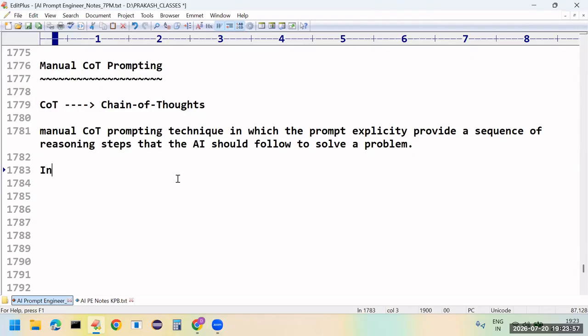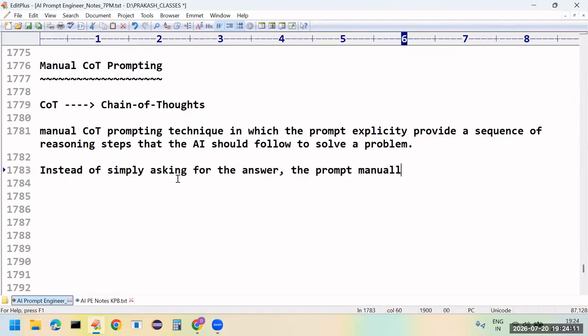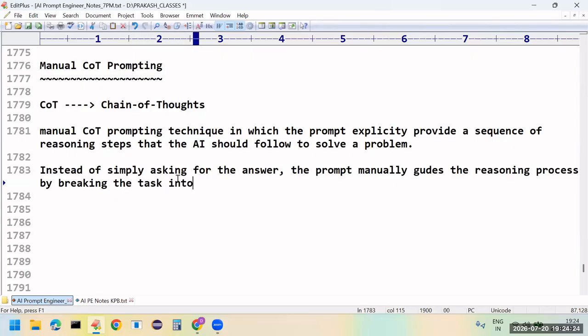Instead of simply asking for the answer, the prompt manually guides the reasoning process by breaking the task into logical steps. Before answering, it will identify the reasoning steps you have given, and based on that, it will give the reply.